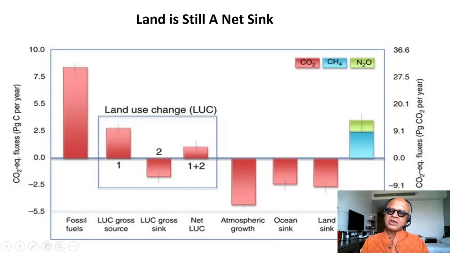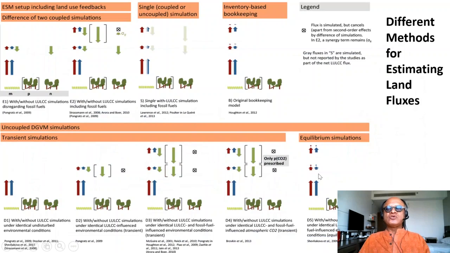So you can see that 3.7 multiplication factor here. So the main point in this context is that land still continues to be a sink, which brings us to ways of estimating land fluxes. So remember, I hope it's clear by now that you need the fluxes, the exchanges, as well as the stocks, what is sequestered in trees, land, soil, surface soil, deep soil, and so on.